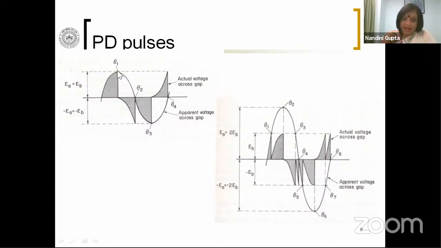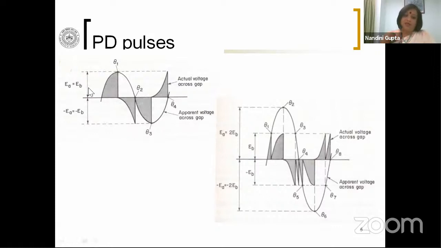But at the instant that the voltage across the void reached EA, the voltage was brought down to 0. So as the applied voltage diminishes from EA to 0, the voltage across the void will also follow the same wave shape, but in this case, it will fall from 0 by the same amount EA, and therefore its voltage will now become minus EA.